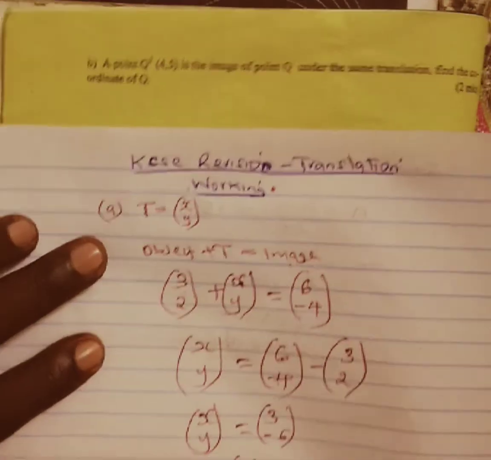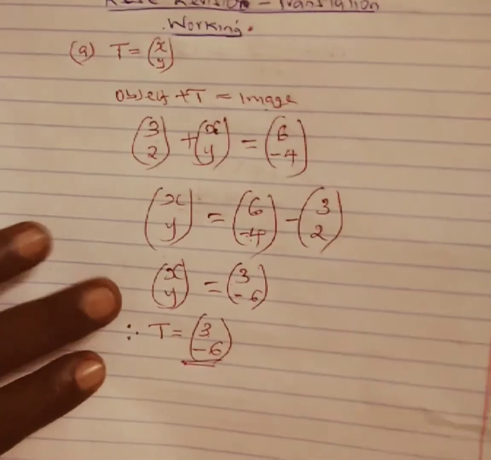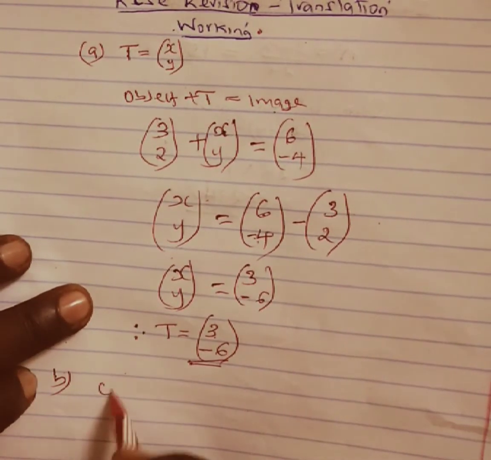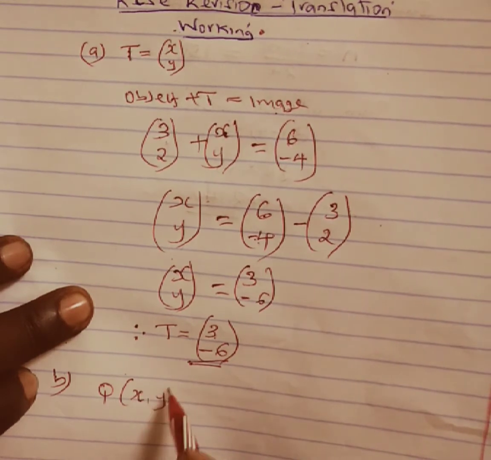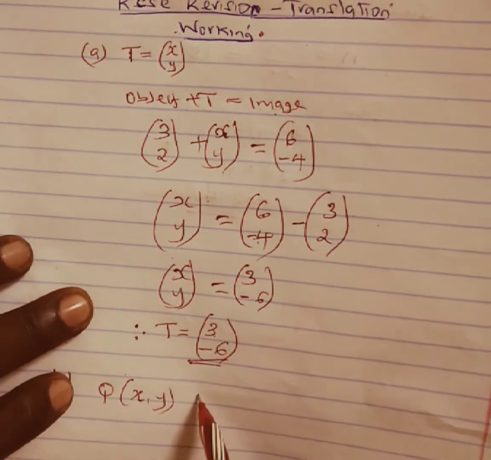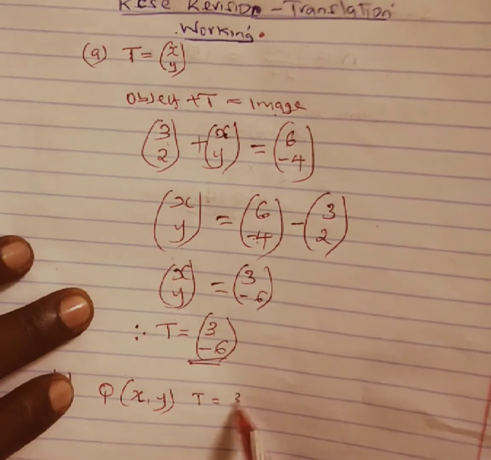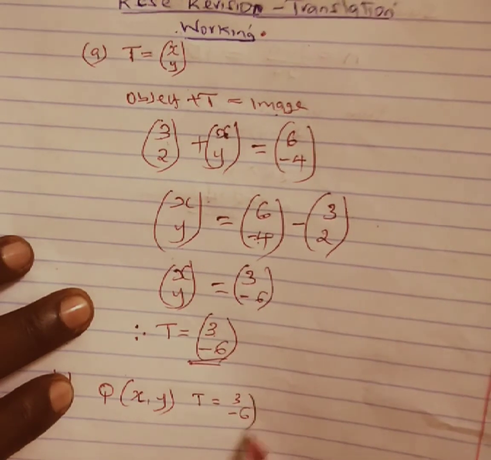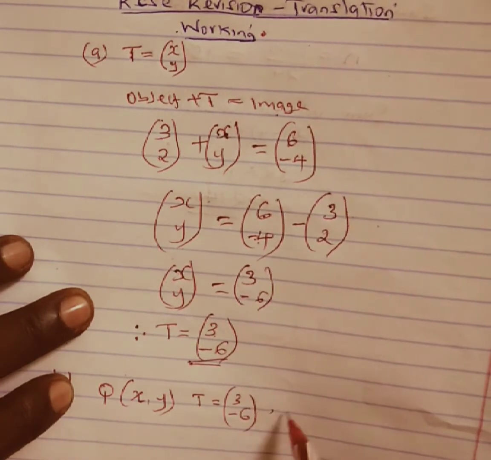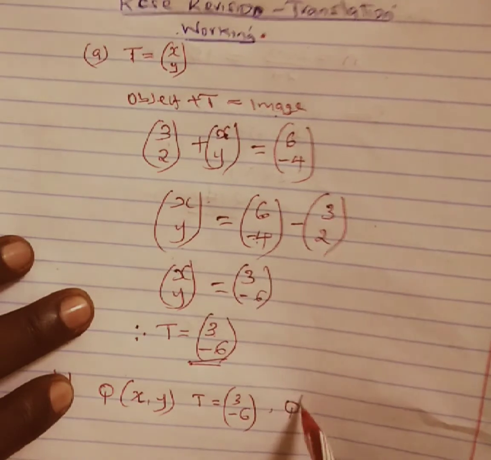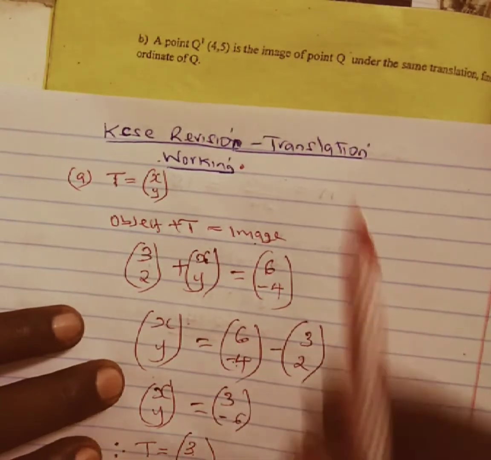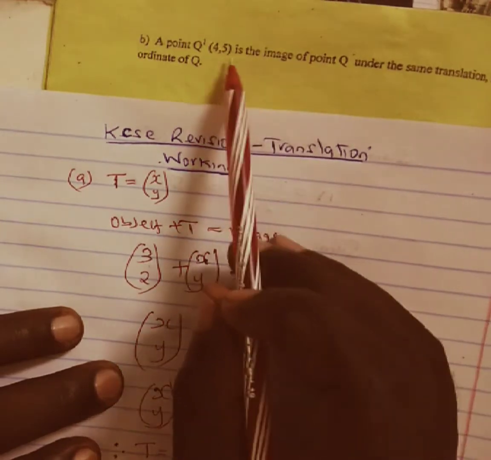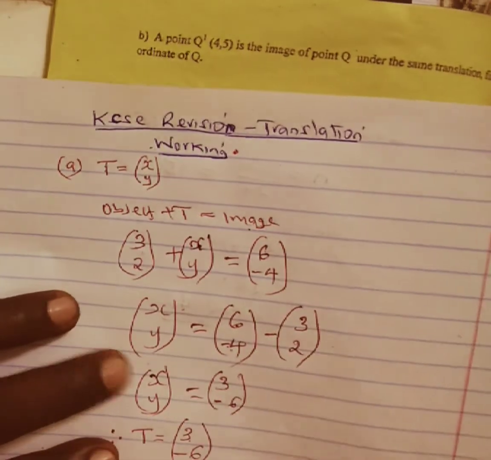We know, assuming Q has coordinates x, y, and we know our translation vector is 3, negative 6, and we have the image of Q, that is Q prime, and Q prime has coordinates 4, 5.